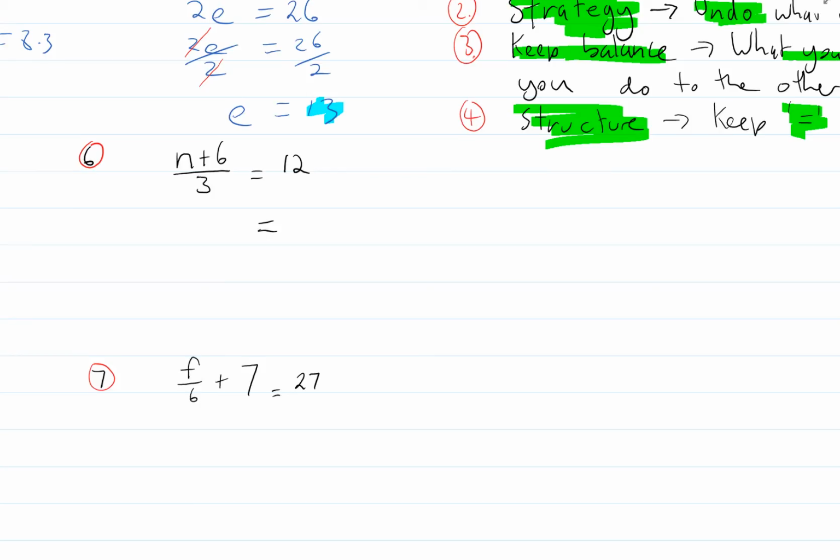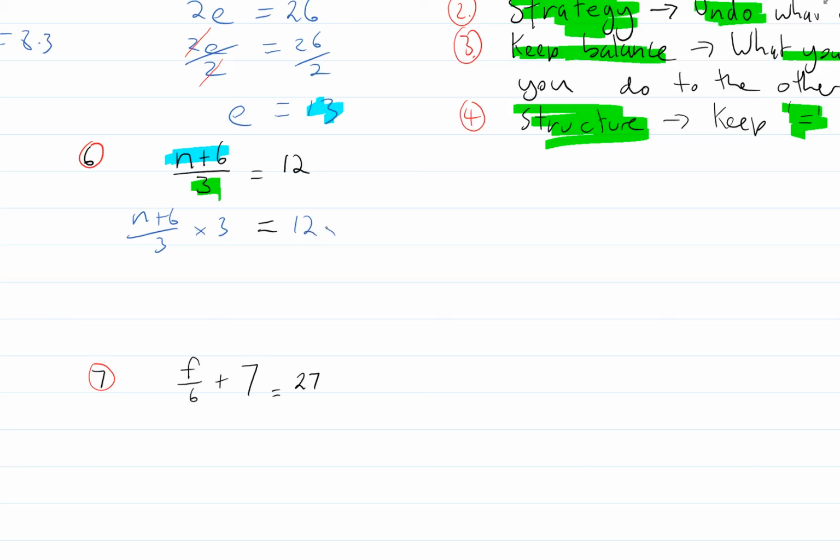Okay, so what's happened to n here? It was plus by 6, and then it was divided by 3. To undo that, I have to work backwards. The last thing I did was divide by 3, so the first thing I do to undo it is to times by 3. N plus 6 divided by 3 times by 3.